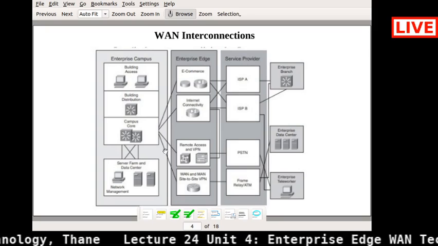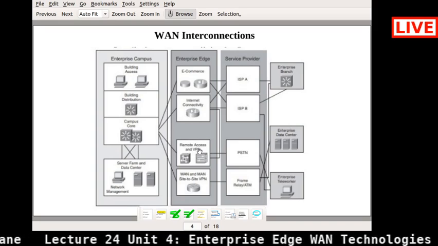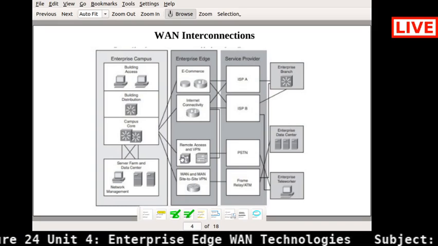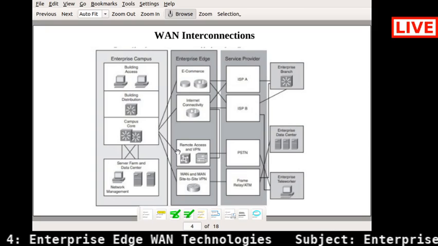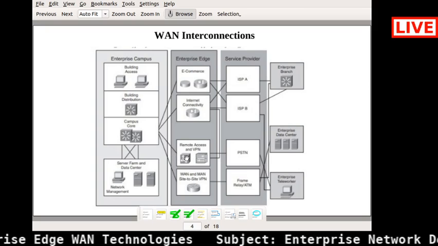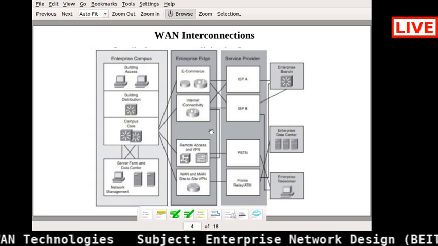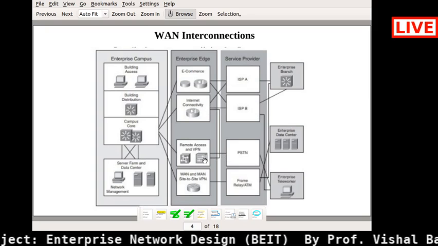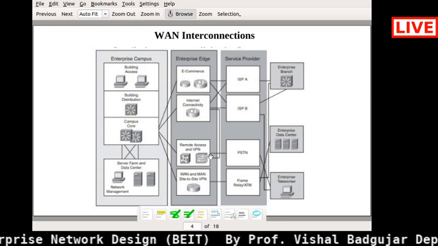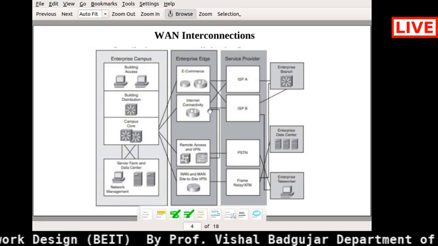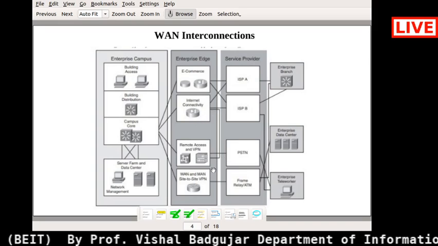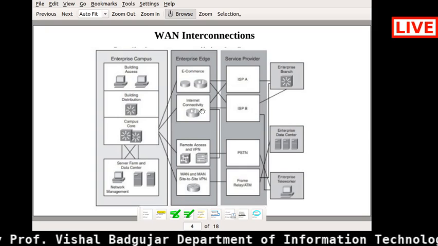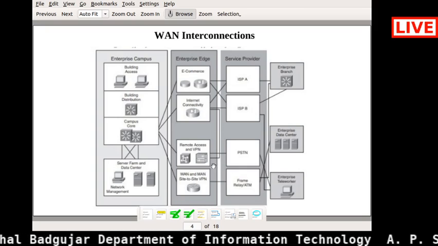If you see the remote access here, we can consider it as a WAN. The arrows show the internet connectivity, that is nothing but the ISP network, so there is connectivity between the enterprise site across the ISP network.